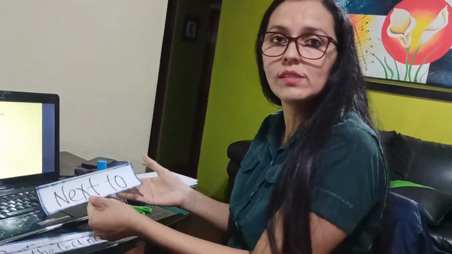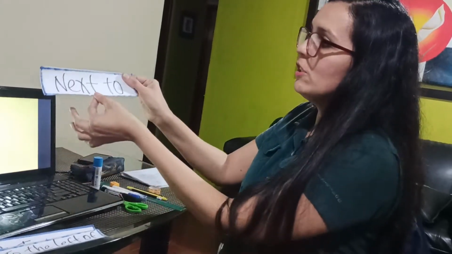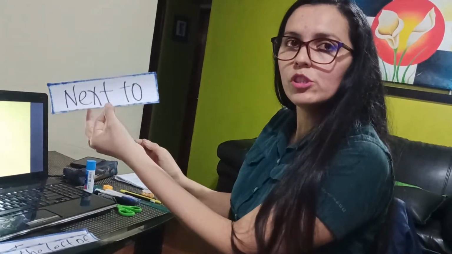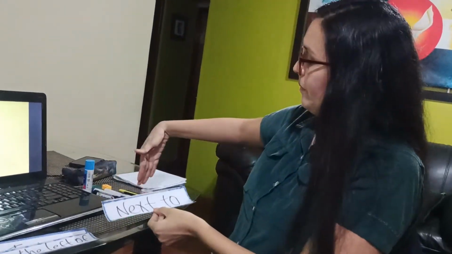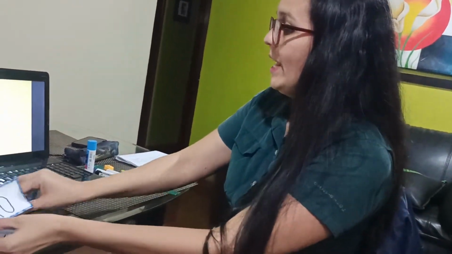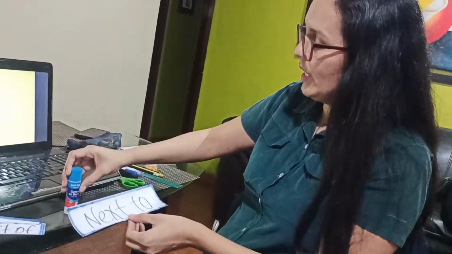Okay? I'm going to ask the student, what is the glue stick? And the student is going to use this preposition and he's going to use the objects. Okay, like this. The glue stick.